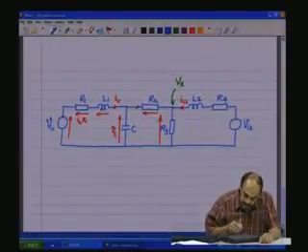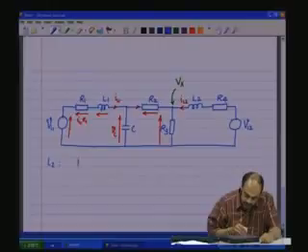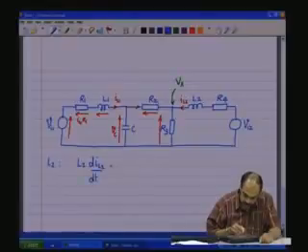Now, the third equation is the equation for L2. L2 d IL2 by dt is equal to the voltage across L2.